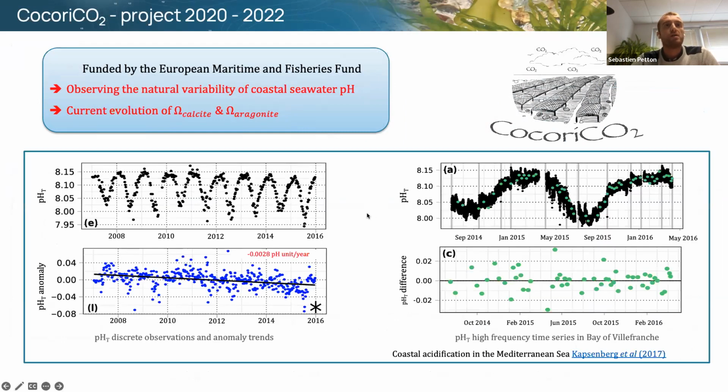In order to do so, we benefit from the experience of our colleagues of the Villefranche Oceanography Laboratory, who already quantified the coastal acidification in a Mediterranean site, thanks to a discrete sampling strategy since 2007. And they also had good experience in high frequency monitoring since 2014.